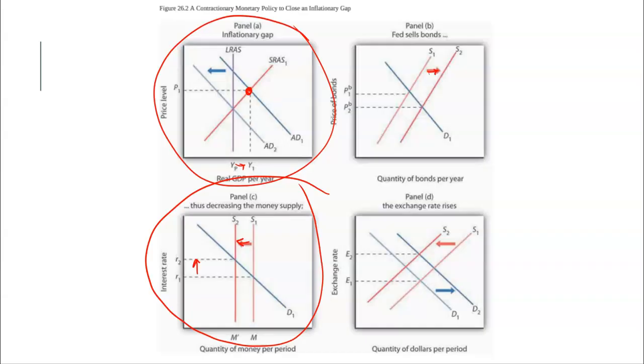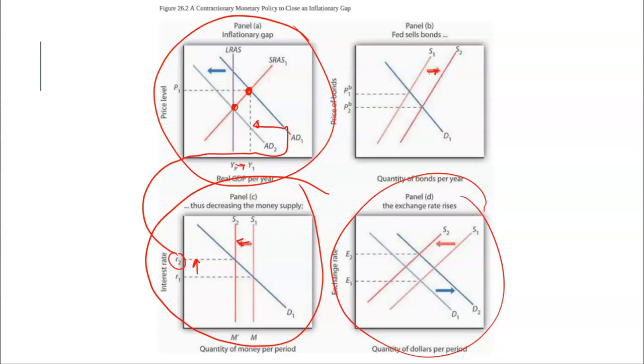This causes interest rates to go up, and the new higher interest rates shift aggregate demand to the left, getting our economy to that long run equilibrium. You can also see here what happens in the market for exchange rates, so please do more diving into that if you are interested in exchange rates.